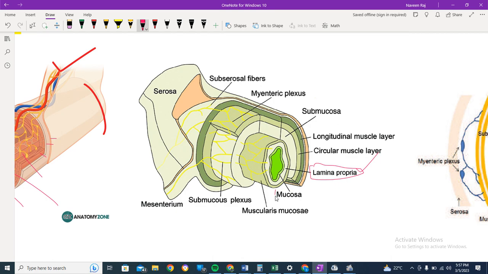We are done with the mucosa, which was made up of different muscles and all that. Let's move outward, and we'll find the muscularis mucosa. I have not made another video for the muscularis mucosa, because first of all it is not in our syllabus in detail, and secondly it does not have that much function.